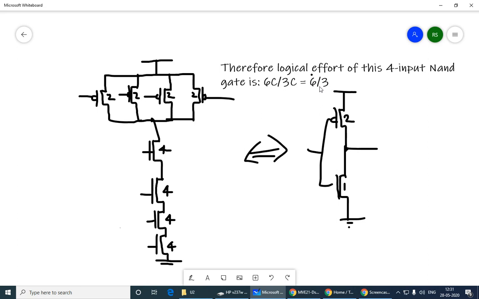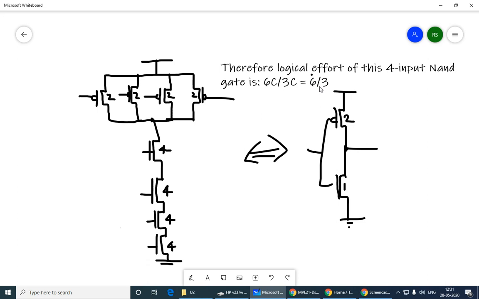And the reason is, as we go higher and higher with the number of inputs, the cost of that gate becomes more. So even though the area might be compact, the delay will be much higher. That is what we see here also, the same trend.